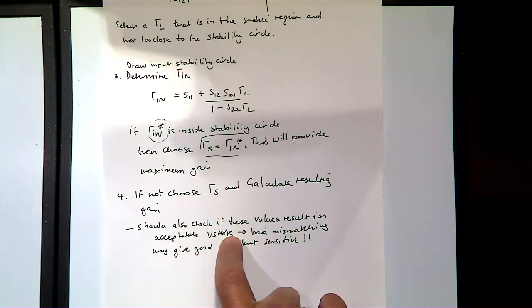What does voltage standing wave ratio mean? What's the voltage standing wave ratio? Yeah. You remember that? Okay. So what we did is, remember we went through and we said, this is our voltage standing wave ratio. It's essentially the maximum voltage to the minimum voltage that we get on a transmission line.